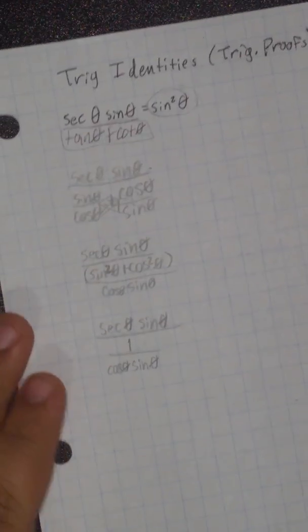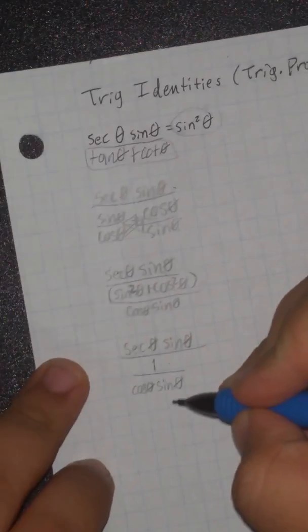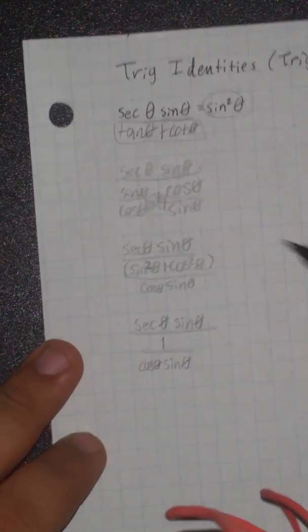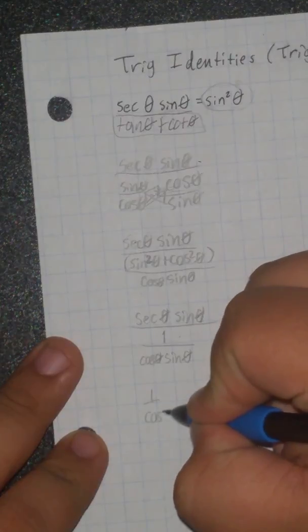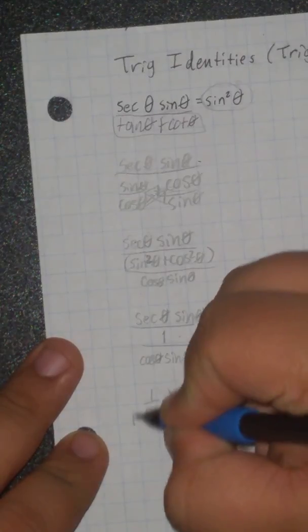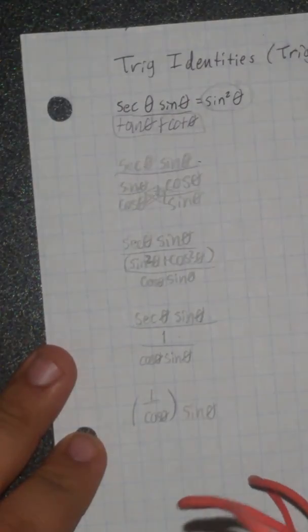What you're going to do now is convert secant into its other form, which is in cosine, which is 1 over cosine times sine.